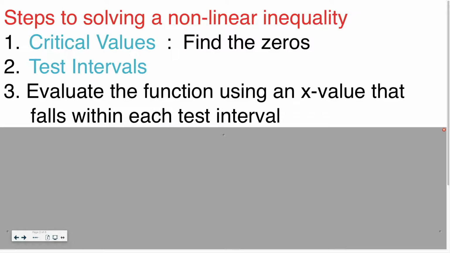If I plug a number in my interval and it satisfies the inequality, all of the numbers in that interval will. If I plug a number in from my interval and it doesn't work in our inequality, none of those numbers will. So we can test each interval by plugging in numbers.